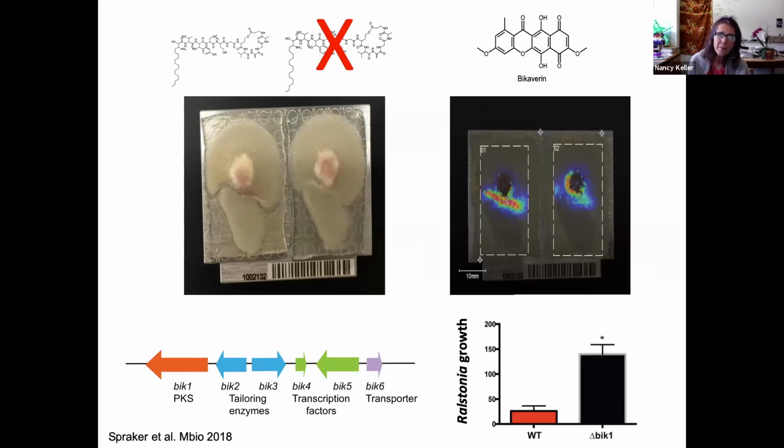And we thought maybe this was giving the fungus some advantage. So we deleted the bicaverin genes in Fusarium. And then we looked at Ralstonia growth in confrontation with wild-type Fusarium or Fusarium that lacked bicaverin.